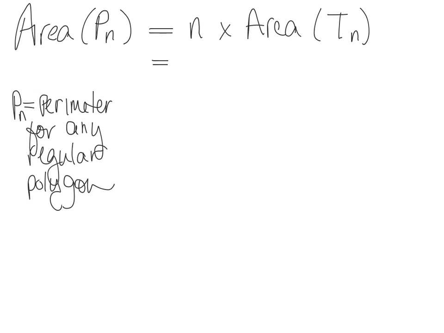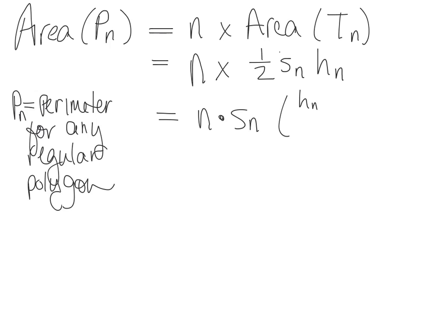So I can rewrite this. N times the area of the triangle, which is going to be 1/2 the base of that triangle times the height of that triangle. And again, I'm going to rearrange. So we have N times S times H of N over 2.